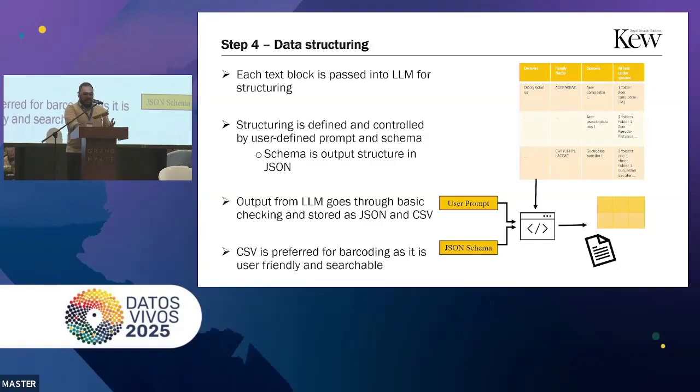This can be Darwin Core, where the user specifies a Pydantic schema. The Pydantic schema will be under the JSON schema as well, so it's a different form of information that will then be sent to the large language model with each row of information. This information will be returned in a JSON format, which will then be converted to a CSV format for the curators to work with.